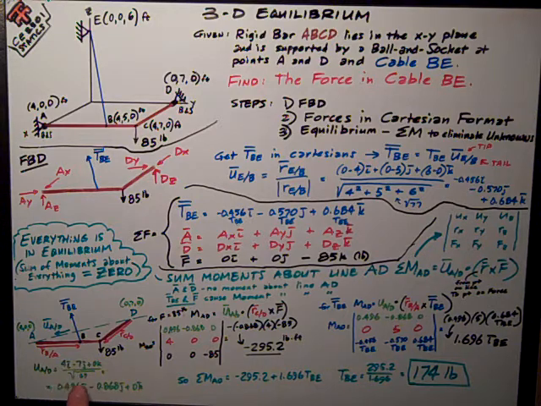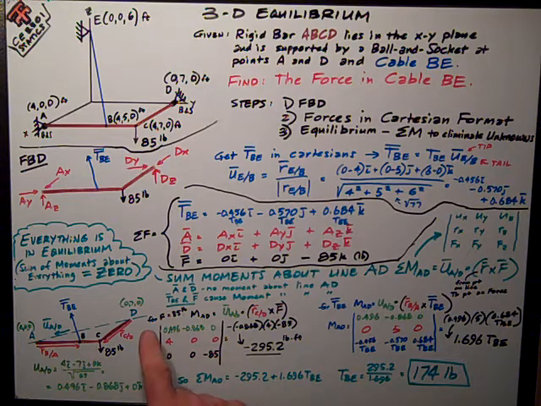The square root of the sum of the squares is the square root of 65 on the bottom. Working out the math, I get this expression for the unit vector. You can see if I chose from A to D, I would get negative numbers in all these. Everything, the signs would be reversed. Okay, so now I've got everything I need.